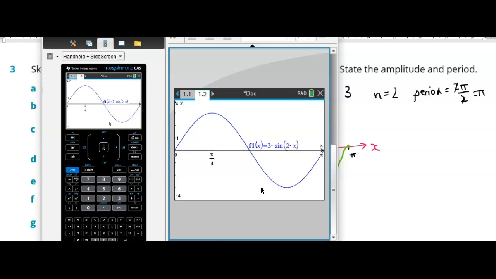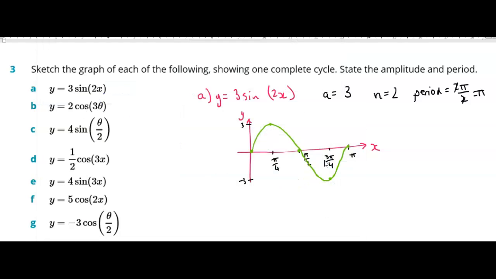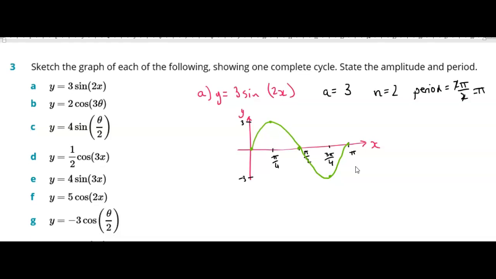Okay, so there you can see 3 sine 2x. You can see the maximum value occurring at pi on 4. It hasn't got all of them written on there, but the minimum value is at 3 pi on 4. In the middle, we've got pi on 2. Okay, so there's your graph, exactly the same as the graph I drew.